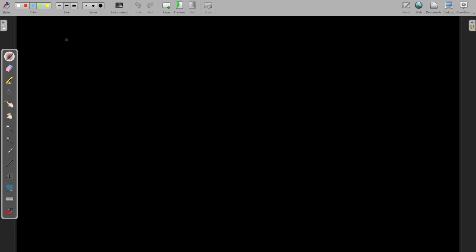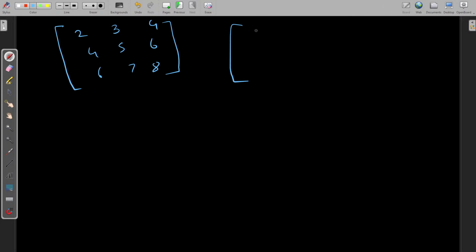Let's create our matrix, and for now, I will create a matrix 2, 3, 4, 4, 5, 6, 6, 7, 8. I will also write it into its binary form so it's easy for us to understand.